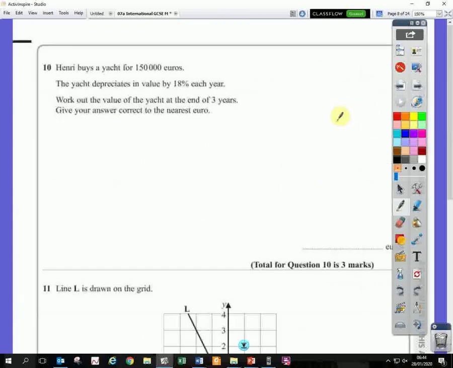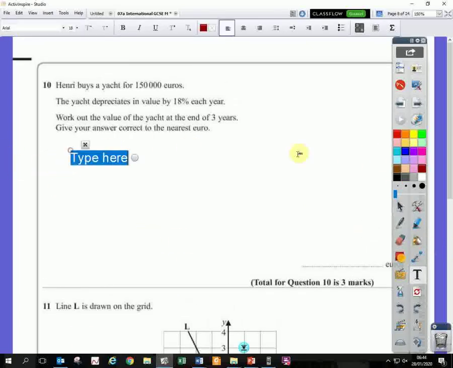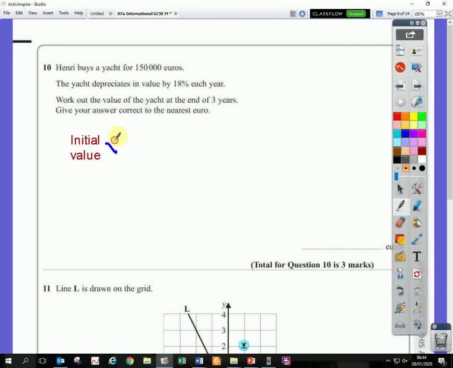Next, there's a formula for depreciation. You take your initial value and multiply it by the bracket, which is 1 minus x over 100, to the power of the number of years. So the yacht is 150,000 euros.